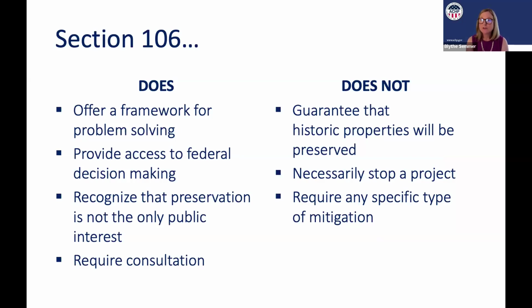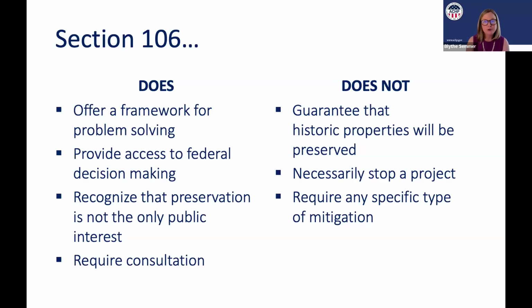So ultimately, it offers a planning process where historic preservation and historic property concerns can be factored alongside a whole range of other considerations, hopefully to make a project more effective.